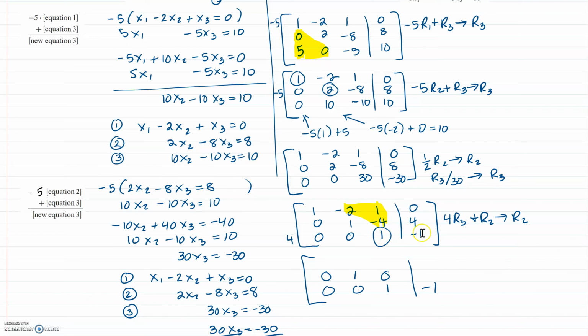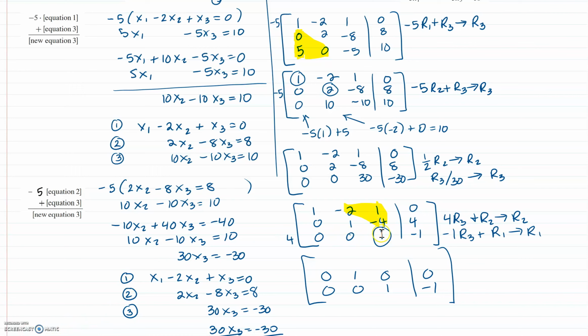And 4 times negative 1 for the last entry added to 4 also happens to be a 0. Now we can rewrite the first equation, but I'm going to go ahead and do both of these at the same time. So now I'm going to get a 0 in the third column, first row.